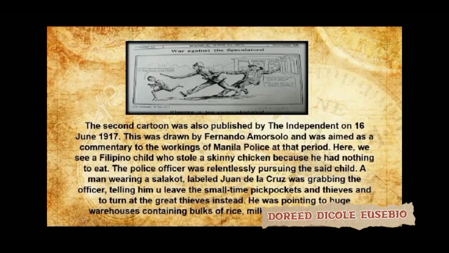A man wearing a salakot labeled Juan de la Cruz was grabbing the officer, telling him, "Leave the small-time pickpockets and thieves, and turn to the great thieves instead." He was pointing to warehouses containing boxes of rice, milk, and grocery products.